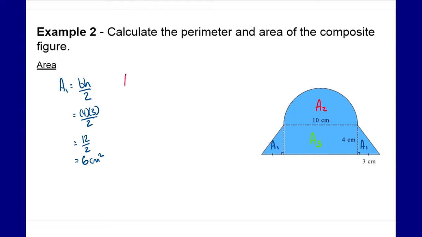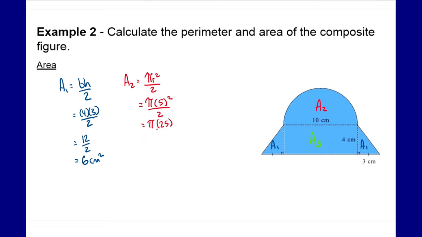For my semicircle, area 2, the formula for a circle is pi r squared. However, because it's a semicircle, I need to divide by 2. So pi r squared divided by 2, pi times 5 squared divided by 2. Remember to follow BEDMAS, so we have to do our exponents first.